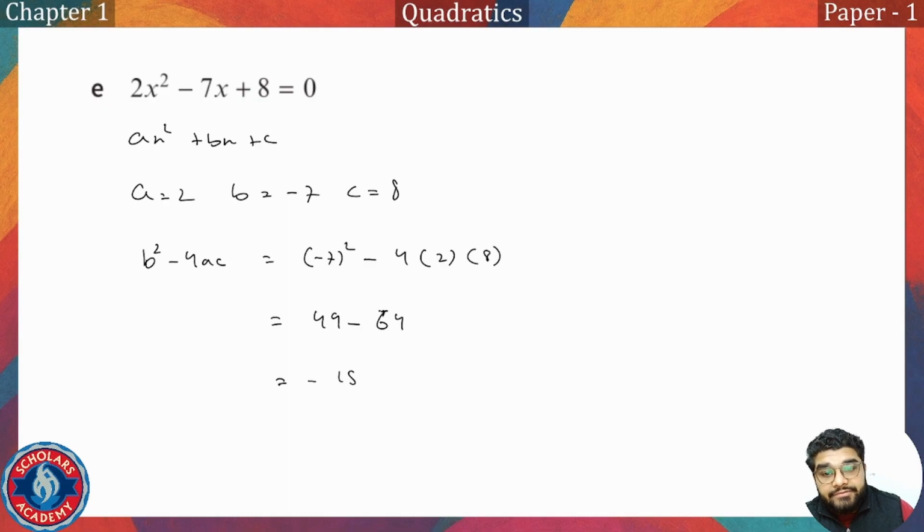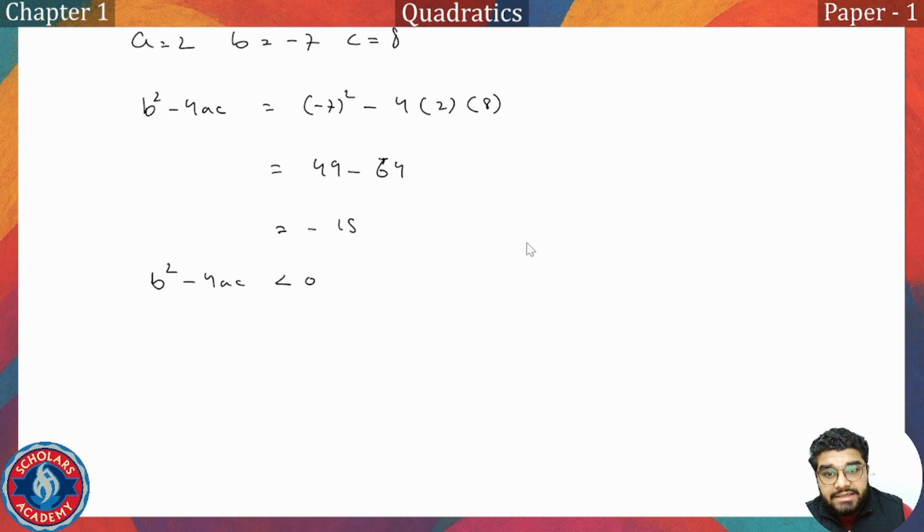So it's negative 15. It means b square minus 4ac is less than 0. Discriminant is negative. Negative discriminant means we have no real root. Okay, let's move forward.